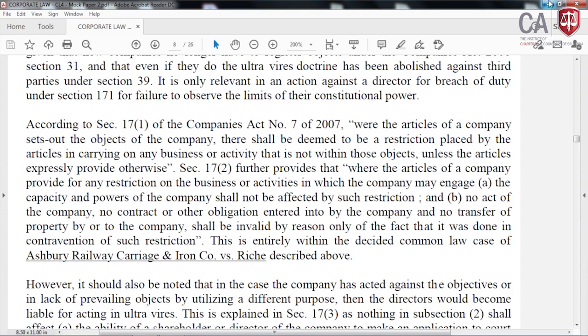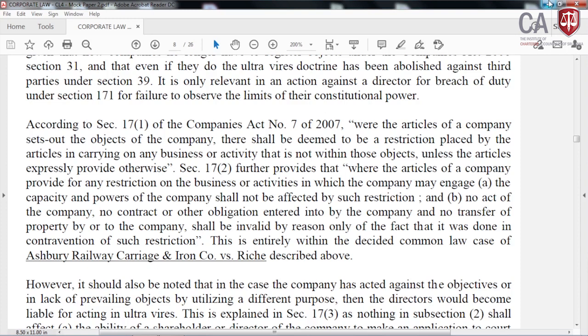Section 17(2) further provides that where the articles of a company provide for any restriction on the business or activities in which the company may engage, the capacity and the powers of the company shall not be affected by such restriction, and no act of the company, no contract or other obligation entered into by the company, and no transfer of property by or to the company shall be invalid by reason only of the fact that it is in contravention of such restriction.